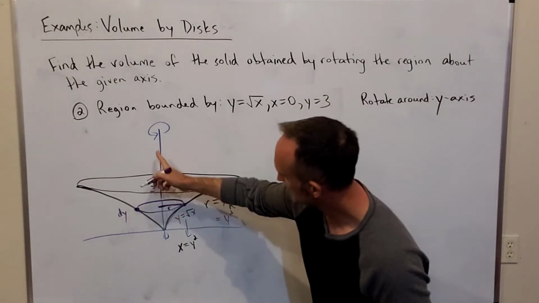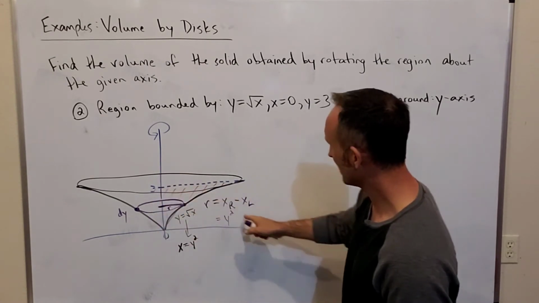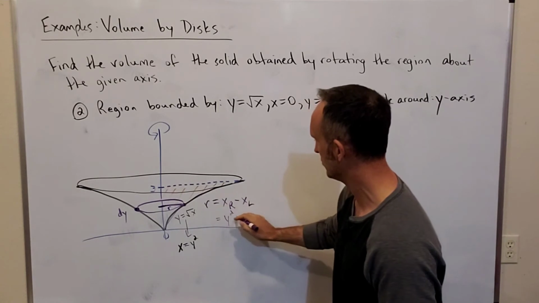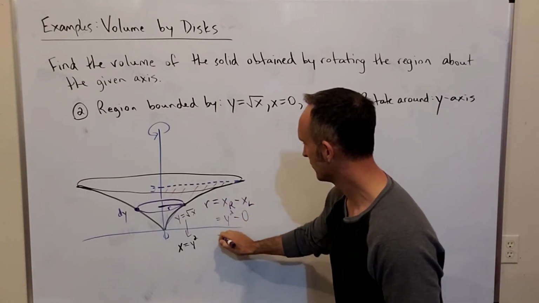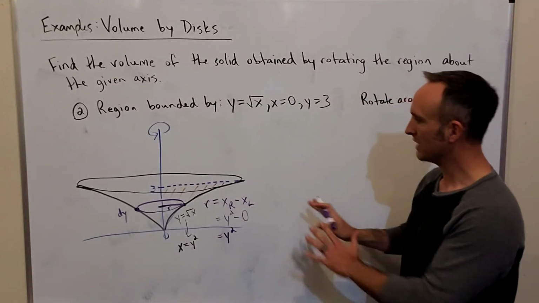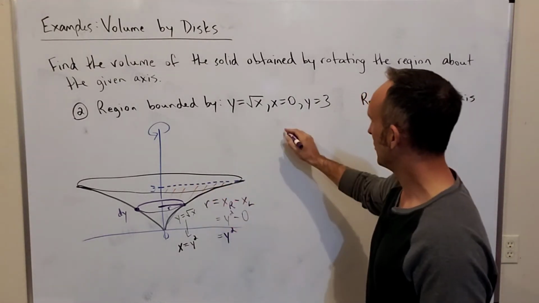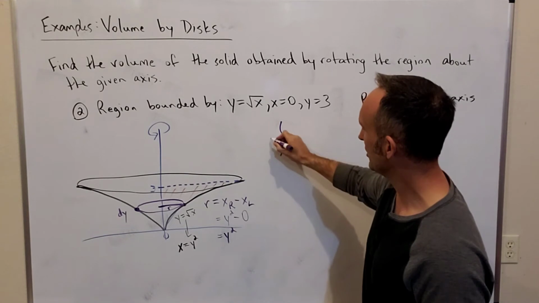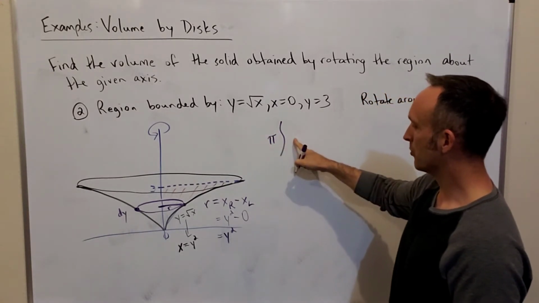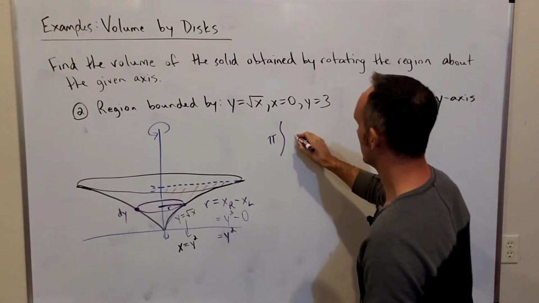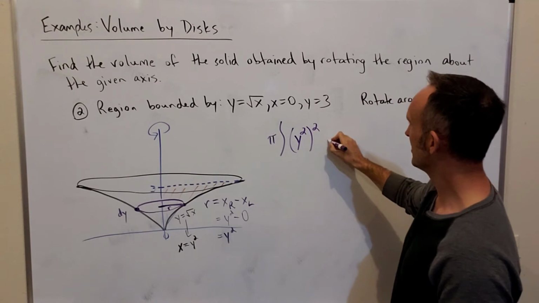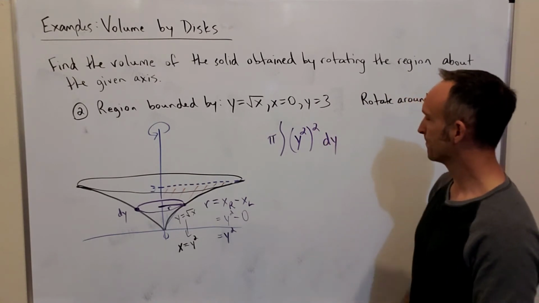And my leftmost x is x equals 0. It's constant. No matter what disk I choose, it's 0. So my radius is y squared. So now to get the volume, I will take the integral. I already know I can factor out my pi times the radius, y squared, squared, times my thickness, dy.